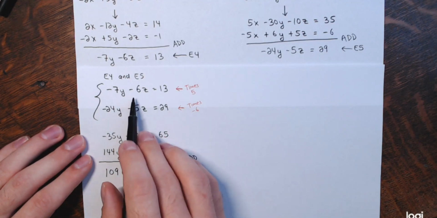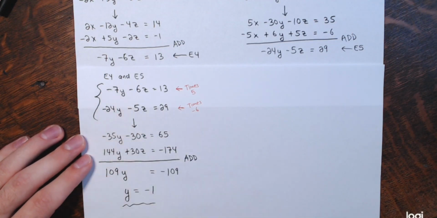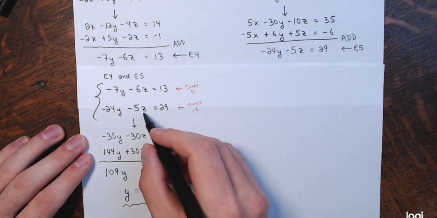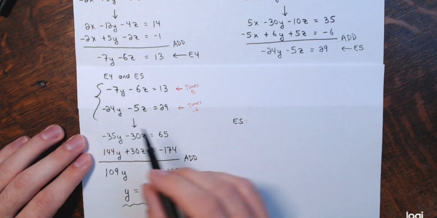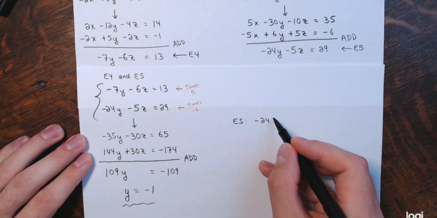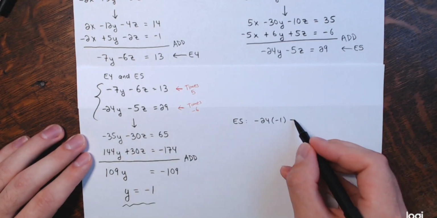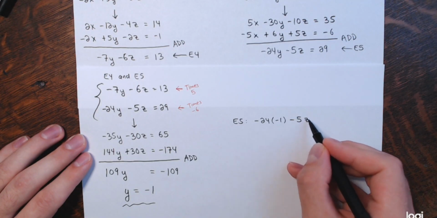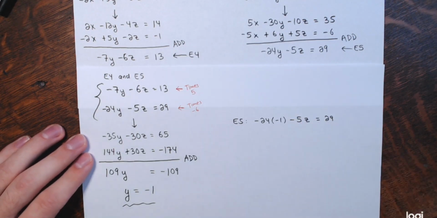Alright, so now I have the y value. I can go back to either one of these equations, equation 4 or 5, and solve for z. So I'm going to go back to equation 5. We have negative 24 times y, so negative 24 times negative 1, minus 5z equals 29, and I solve for z.